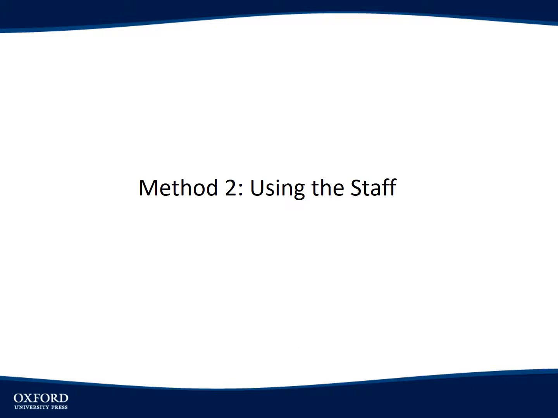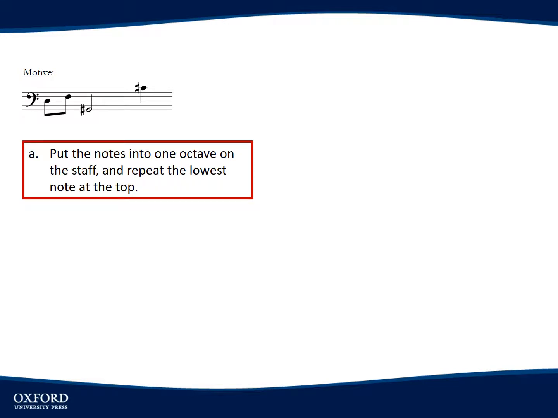Another method for finding normal order uses the staff instead of the clock face. Let's return to the same motive we used for method 1. The first step is to put all the notes into one octave on the staff. It doesn't matter which note you start with using this method because we'll be repeating the lowest note at the top to ensure we've analyzed all intervals.